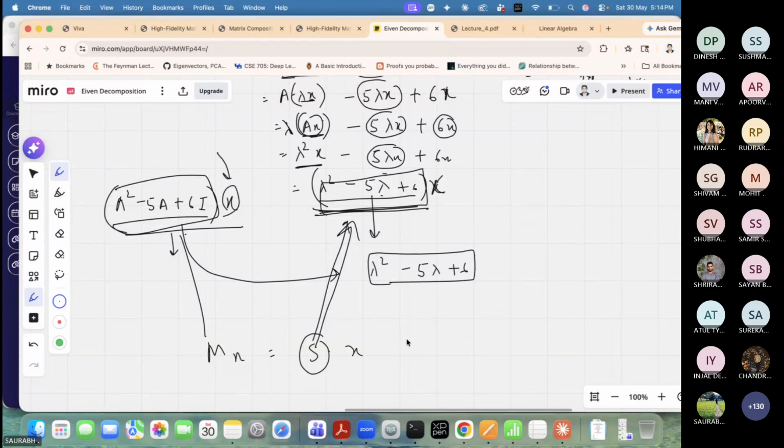Sorry to interrupt, Santosh here. I just wanted to understand the solutions we are getting as part of lambda. In previous classes we had particular solutions and general solutions, right?